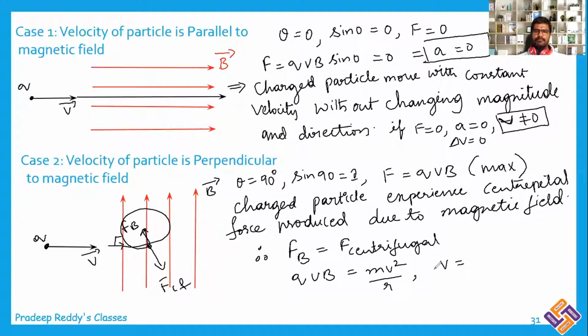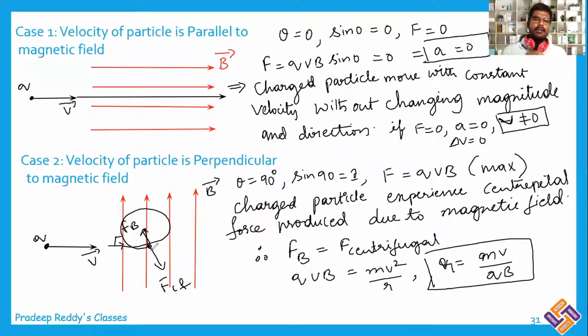From here, r can be written as mv divided by qB. When it enters the magnetic field, the charged particle can make one complete revolution, or it can make just half a revolution and come out of the magnetic field. That depends upon the strength of the magnetic field, the velocity of the particle, and also the length of the magnetic field, how much length is present.